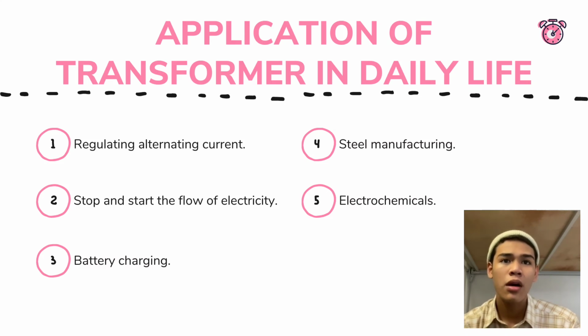Fourth, manufacturing of steel. Voltage transformers are used in steel manufacturing plants to provide a range of voltages for the manufacturing process. During the melting and welding of steel, high currents are necessary, but during the cooling process, lower currents are required. Transformers are required to supply this variety of voltage by regulating current inside the system.